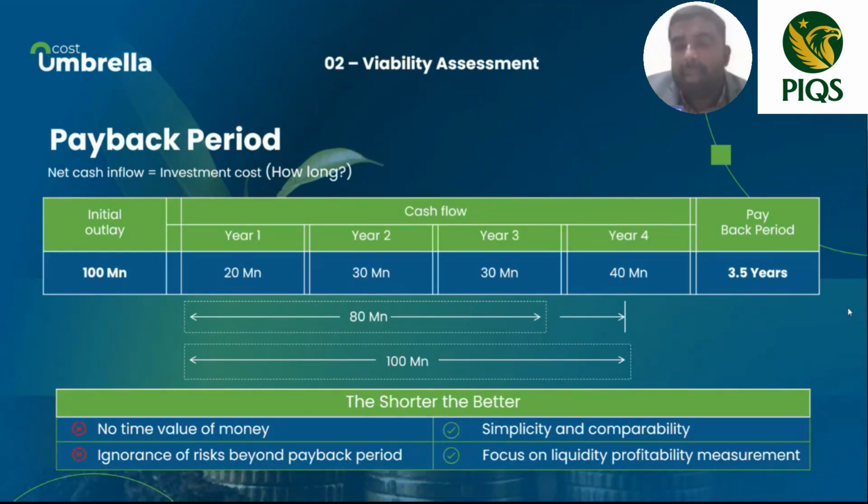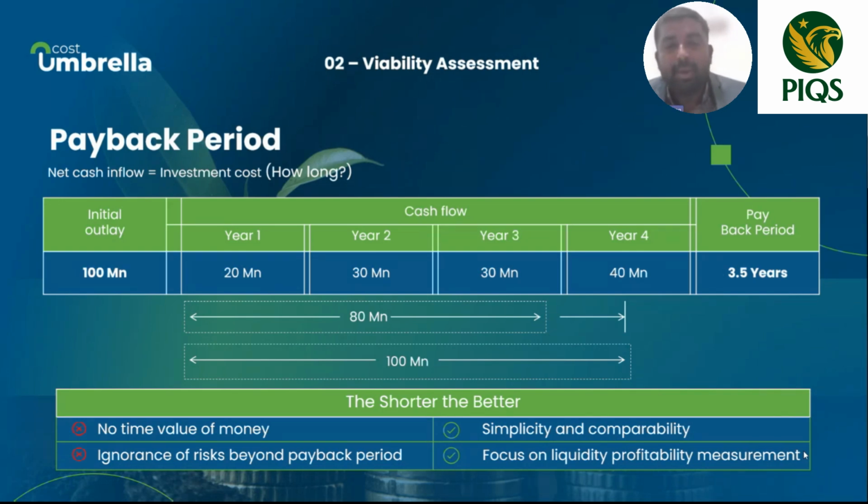Imagine the scenario, right? The payback period for project A is 3.5 years. The payback period for project B is 4 years, which is higher. So you obviously go with the project with the lesser payback period, but assume that after 4 years, in the fifth year, project B, the higher payback period project, performs well. What you have done is cover only the initial investment recovery, not the concept of profit.